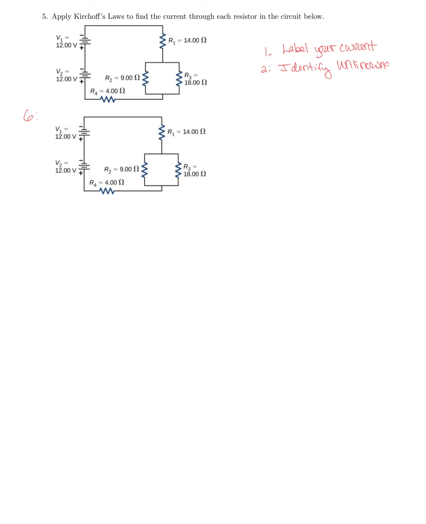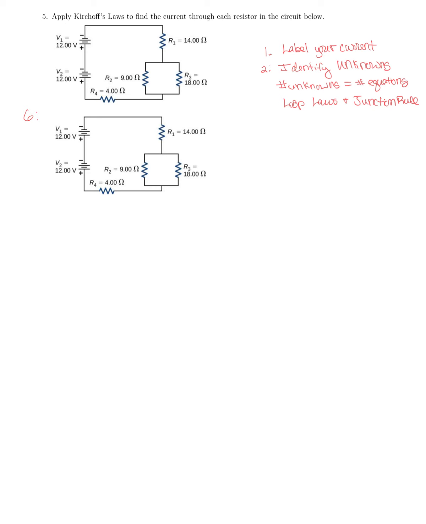And this is important because you need to count your unknowns, because the number of unknowns that you have is going to need to equal the number of equations that you can come up with based on the loop laws and the junction rule. So we're using all Kirchhoff here. Okay, so let's go ahead and see what that would look like.